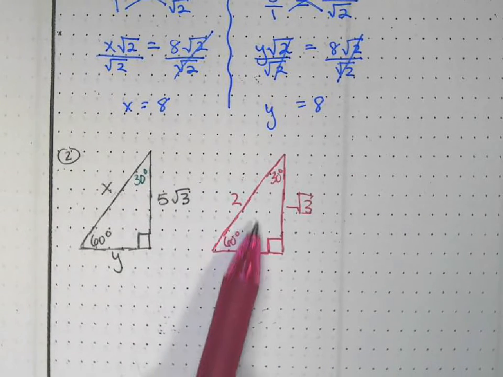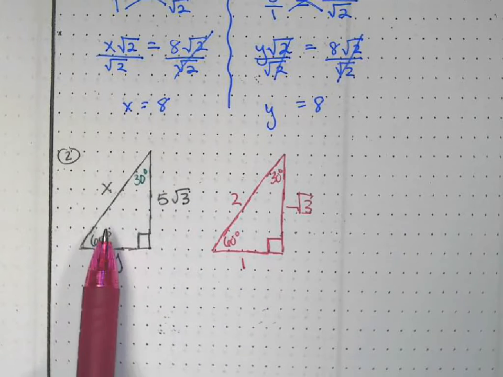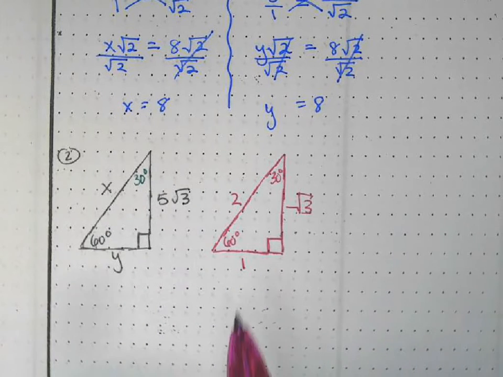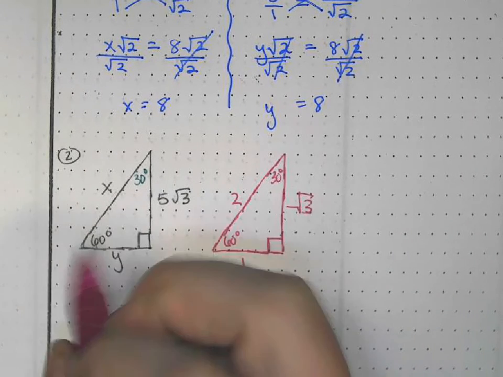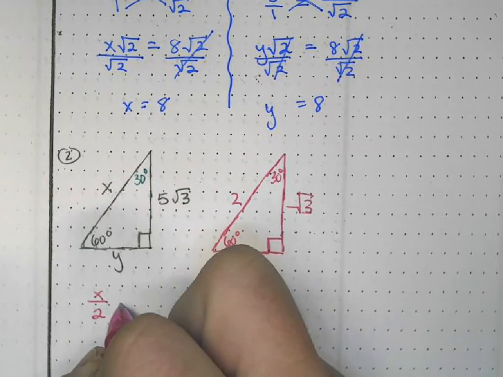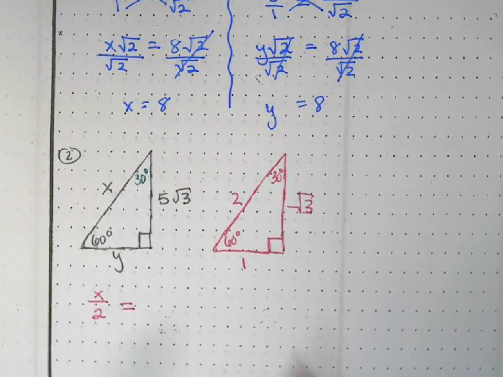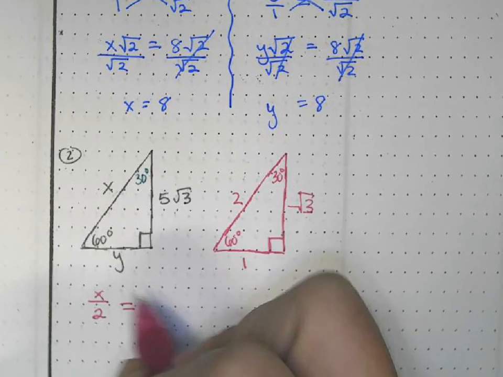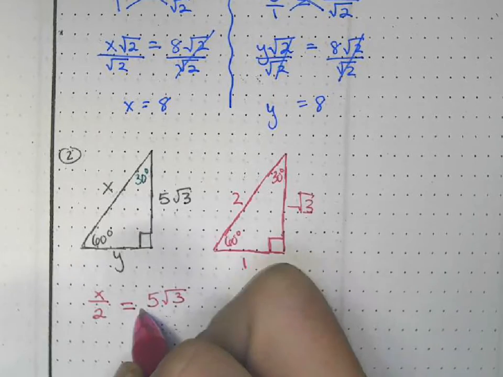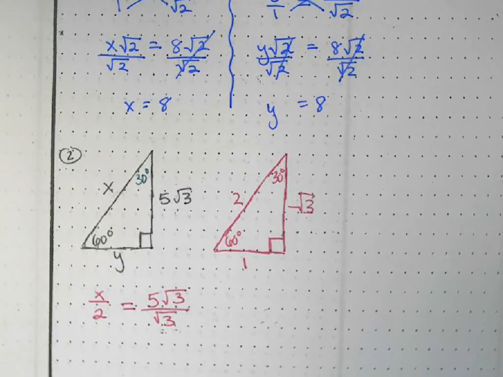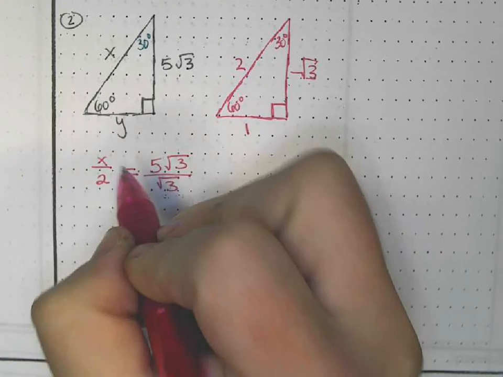Now that I've drawn my special right triangle, I can use my proportions to solve. So I'll go left is to left, x is to 2 as 5 root 3 is to root 3. Cross multiply, solve.